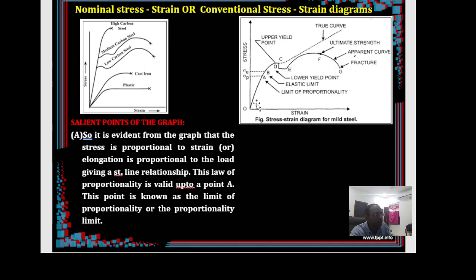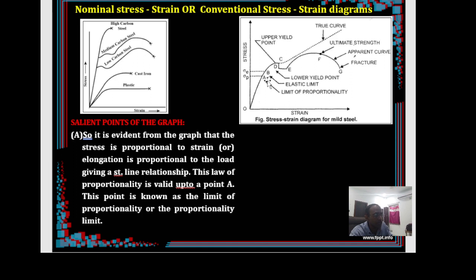You can note some salient points here. There are 5 or 6 major points that you are supposed to identify for a clear understanding of this diagram. Of course, this is the origin, with stress taken on the y-axis and strain taken on the x-axis.